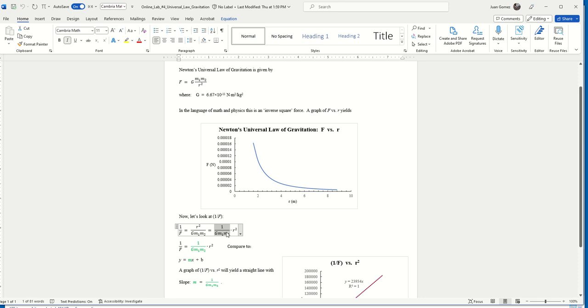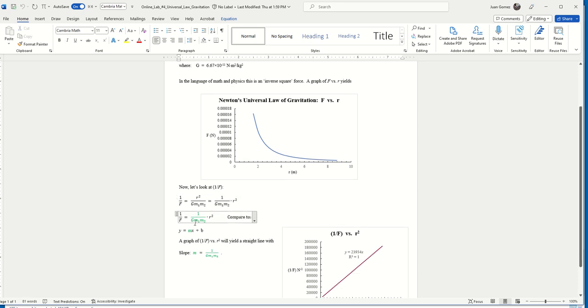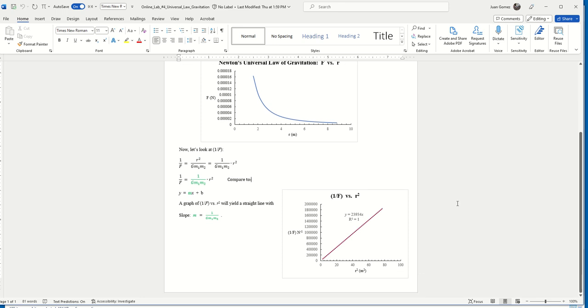So 1 over F is 1 over G m1 m2 times r squared. I've taken the constant term in green. Let's compare 1 over F equals the constant 1 over G m1 m2 times r squared to y equals mx plus b. If you graph 1 over F versus r squared, you should get a straight line, as indicated in the figure. So 1 over F is plotted on the y-axis.